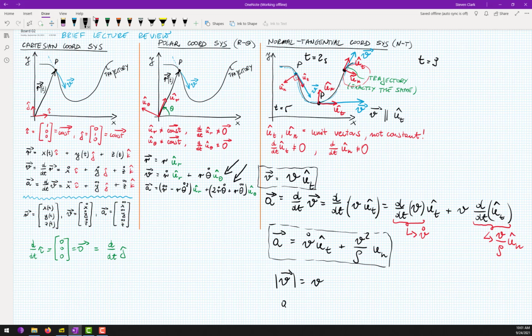And the magnitude of a is equal to the square root of v dot squared plus v to the power of 4 divided by rho squared. I just took the magnitude of this vector pointed by the green arrow. Yeah, this is the magnitude of that vector. Any questions? Anybody surprised? Confused?